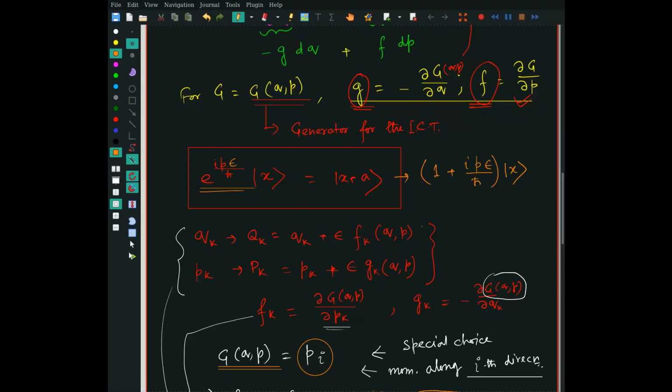So this means x plus i p epsilon over ħ on x. Okay, so you compare it with this thing.